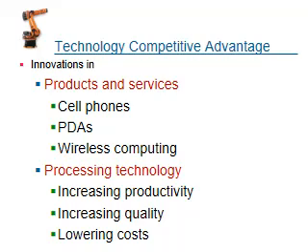Here we are going to discuss two things. One is product, and another one is process. First of all, what products are we going to manufacture? Many products are available, like cell phones, PDAs and wireless computing. Based on the product, we change the assembly sections and the cells, everything.